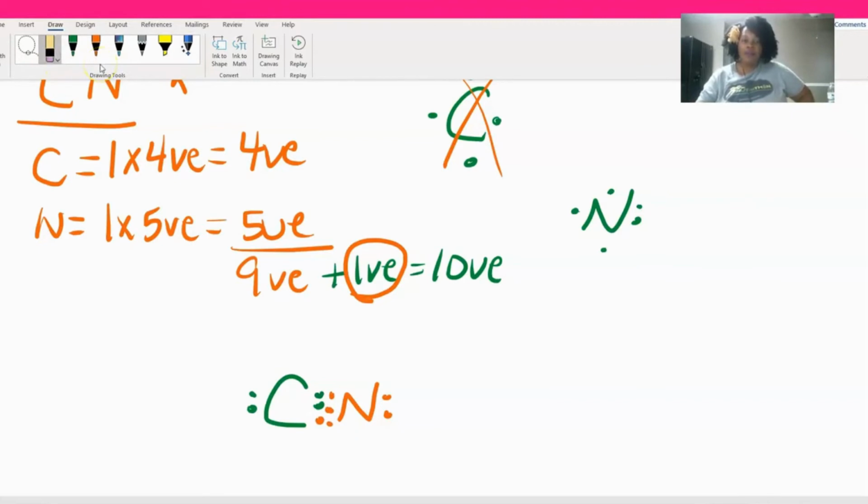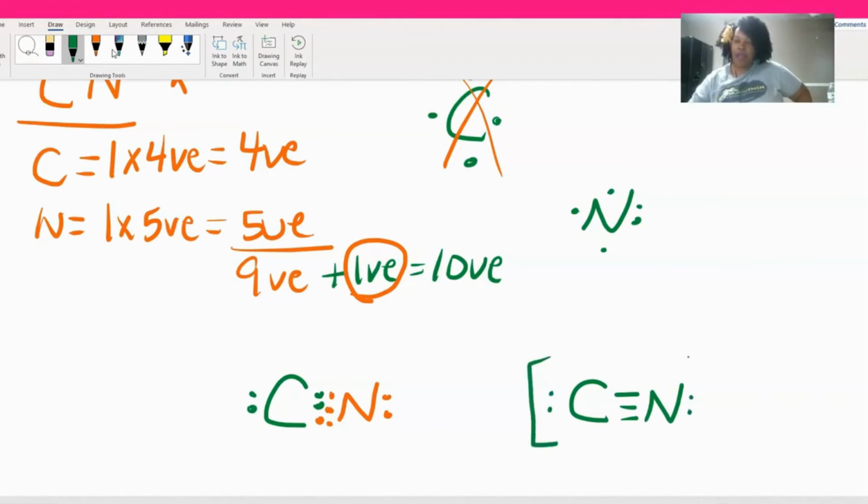And you're going to replace those dots in the middle with dashes, bonds, that is. Here's your final image. Put that in brackets with that -1 on the outside, or you can just put negative. Negative or -1, they mean the same thing. And you are done.